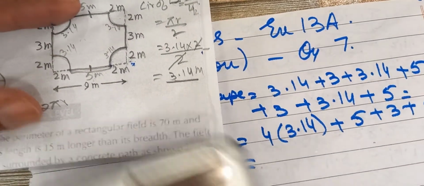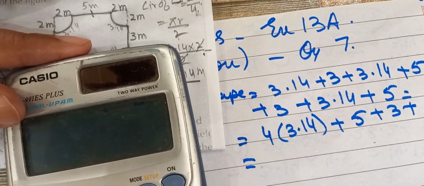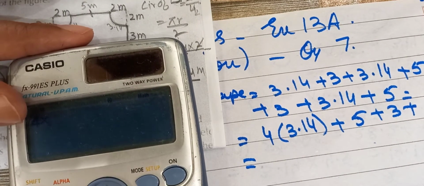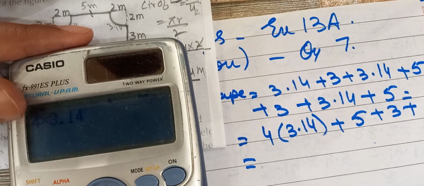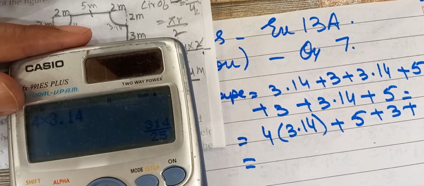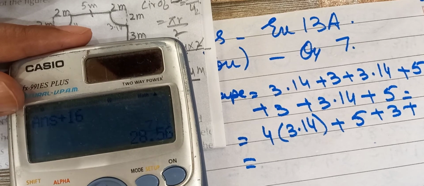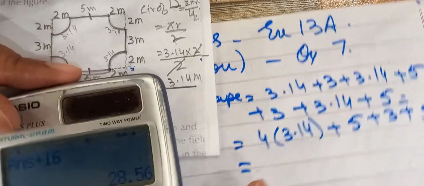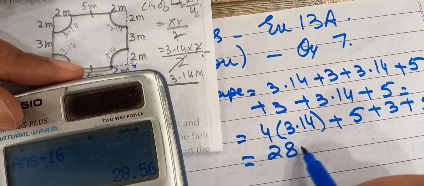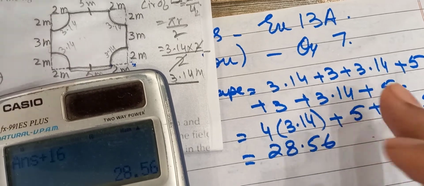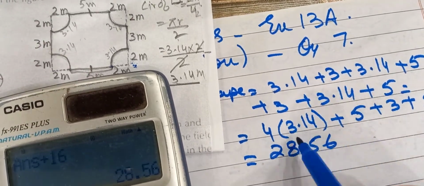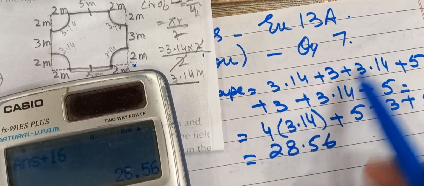So we shall multiply 4 into 3.14 plus 16 is equal to 28.56. So our answer is 28.56. There are 2 ways. This is the easiest way of doing that, and you can do it as well if you understand it easily.